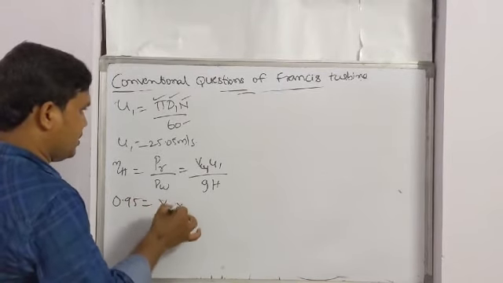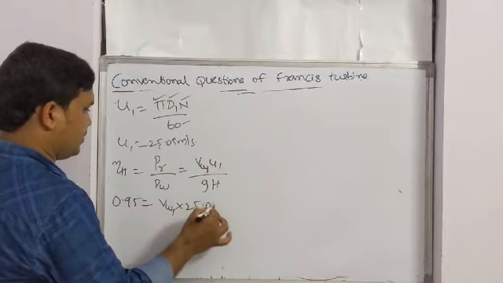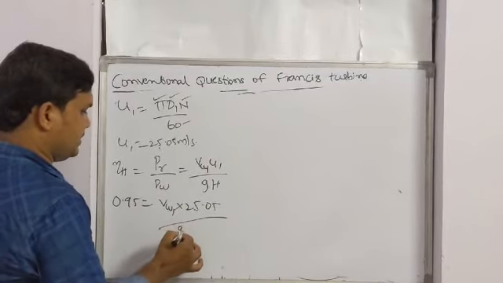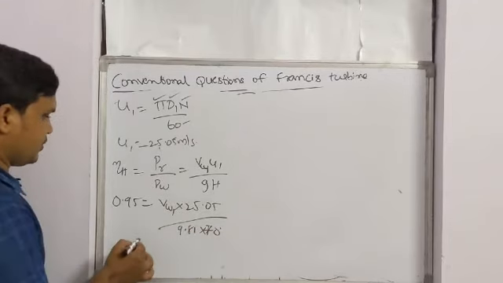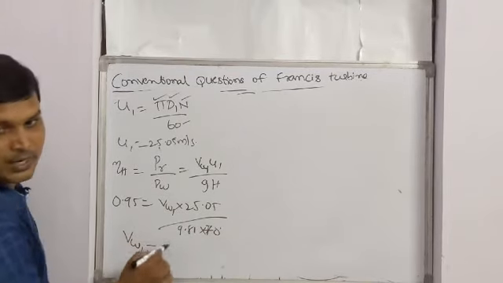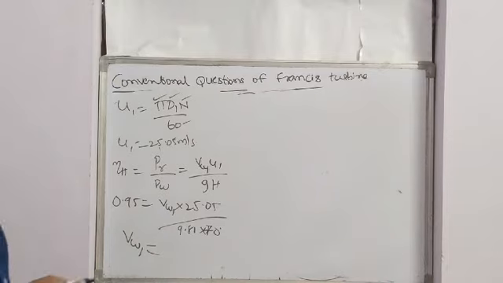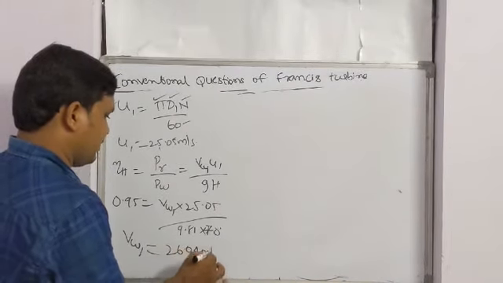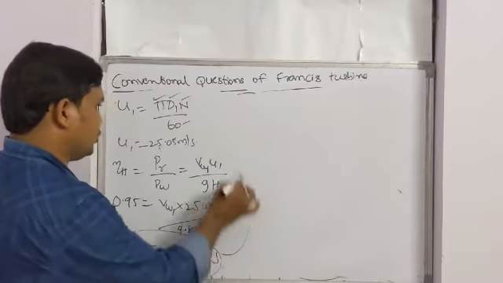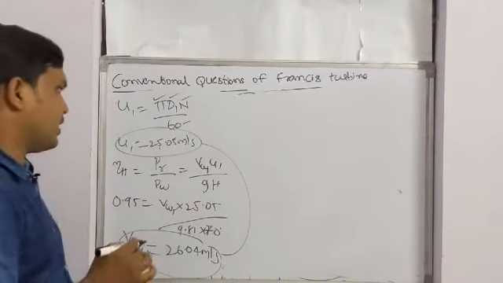Vw1 we don't know, u1 we already found out as 25.05, g is 9.81, and head is given as 70 meters. By substituting all of this, Vw1 we got as 26.04 meters per second.